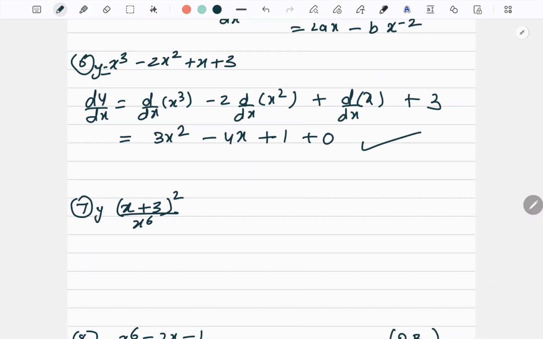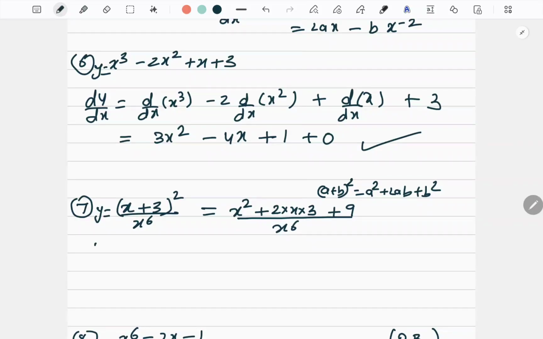In this question, first I will open the numerator by using the formula for (a plus b) whole square. What is the formula? (a plus b)² is equal to a² plus 2ab plus b². So x² plus 2 into x into 3 plus 3², that is 9, upon x to the power 6.